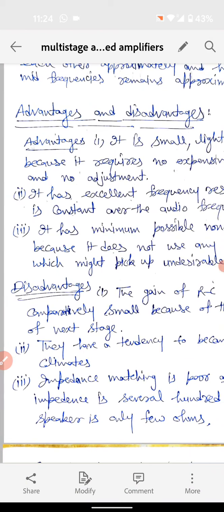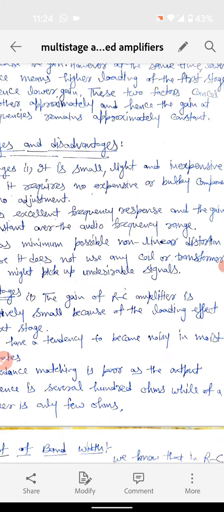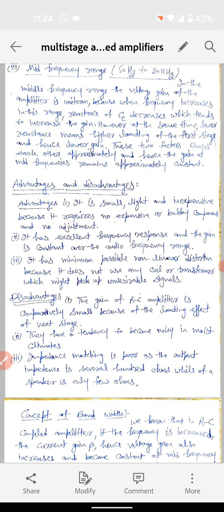And the impedance matching is poor, as the output impedance is several hundred ohms while that of a speaker is only a few ohms. Consider the final output of the amplifier, which we get, and ultimately we need to give that output to a device, say a speaker. After amplification we feed that signal to the speaker.